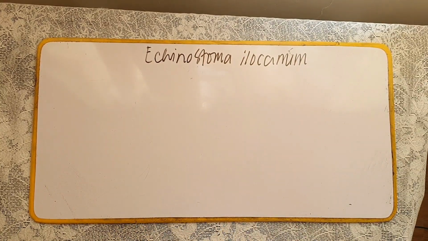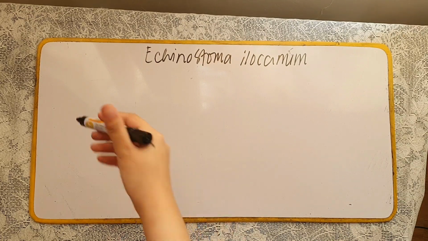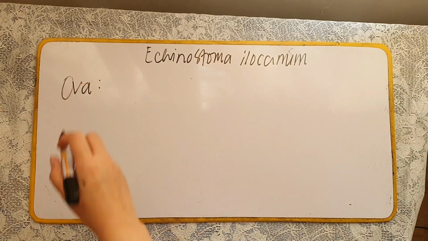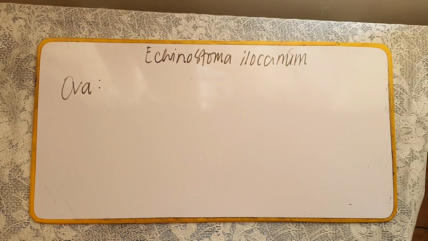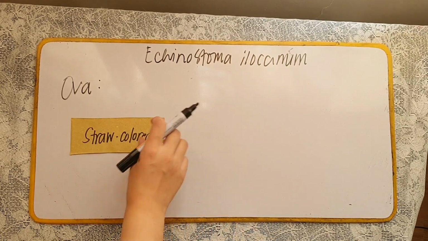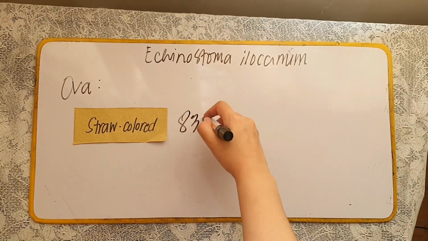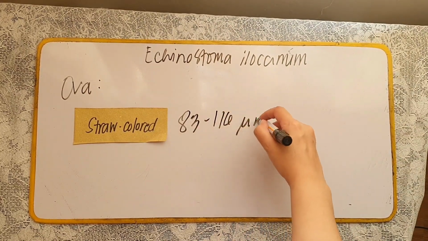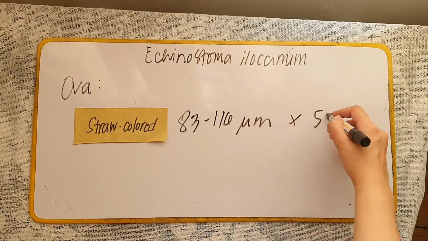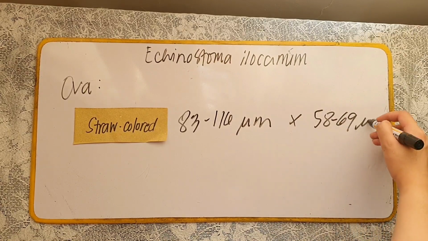Now for the ova of your Echinostoma ilocanum, the egg is usually straw-colored, operculated, and ovoid in shape, measuring about 83 to 116 micrometer by 58 to 69 micrometer.